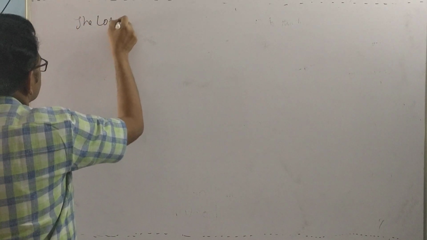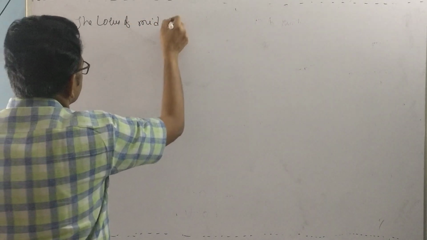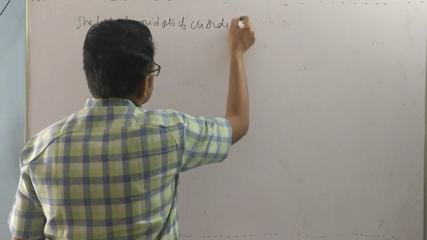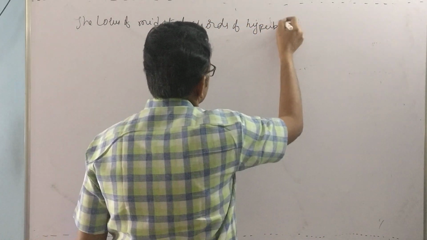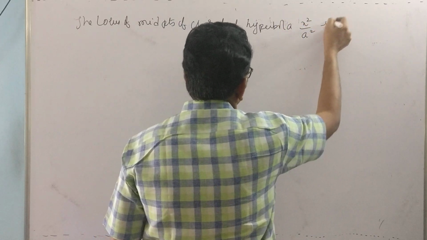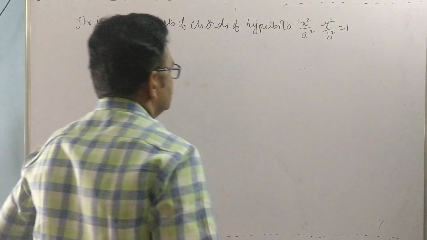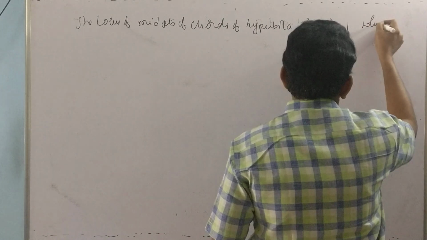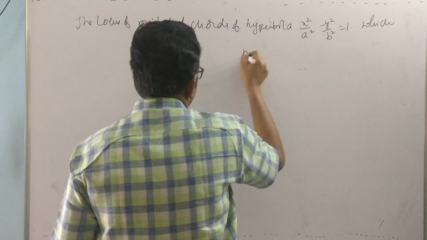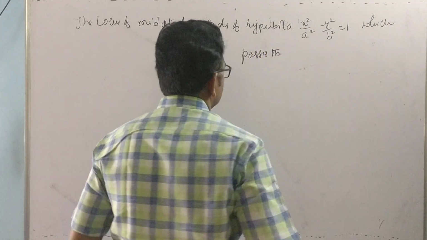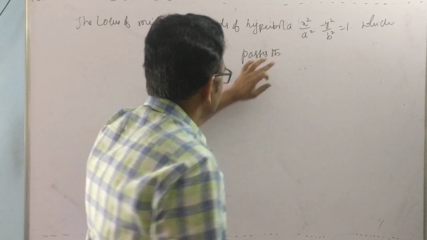Next one: the locus of midpoints of chords of the hyperbola x²/a² - y²/b² = 1 which passes through the positive end of the transverse axis.